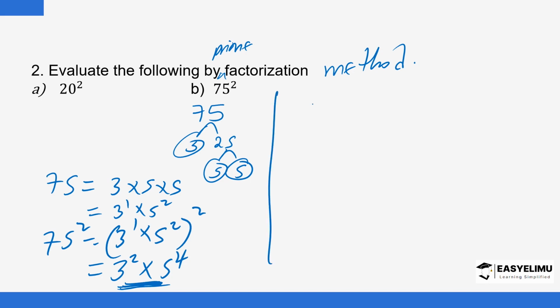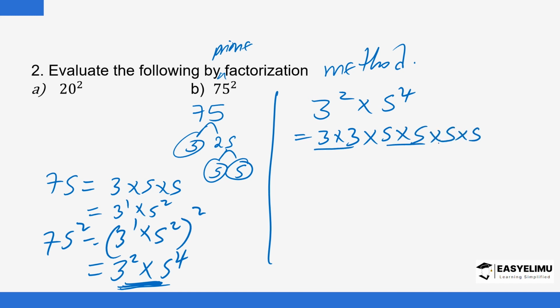So we have 3 power 2 and 5 power 4 being equal to 3 by 3, then 5 by 5 by 5 by 5. In pairs, this will give us 9, that will give us 25, and this will give us 25. So 25 by 25 is 625, and then you multiply by 9.